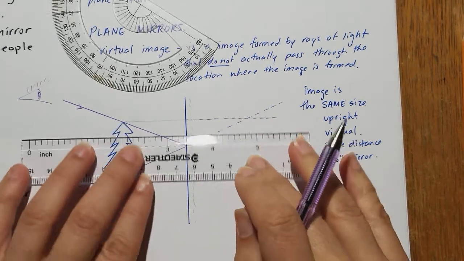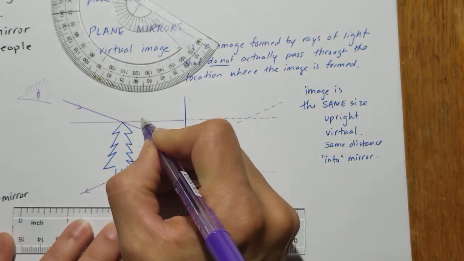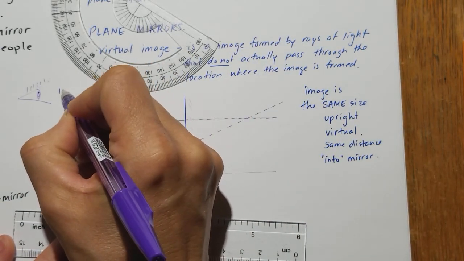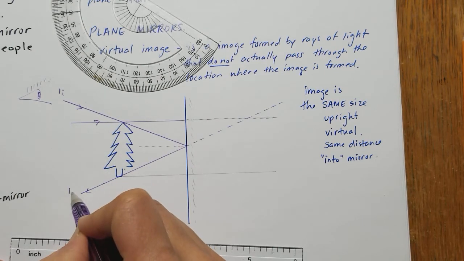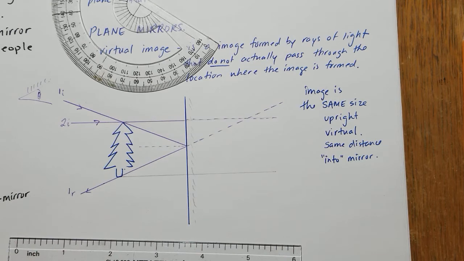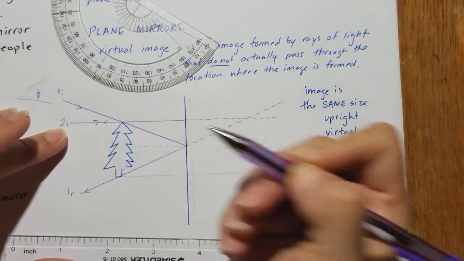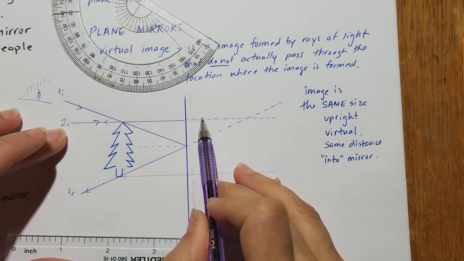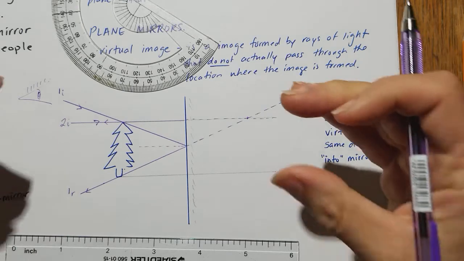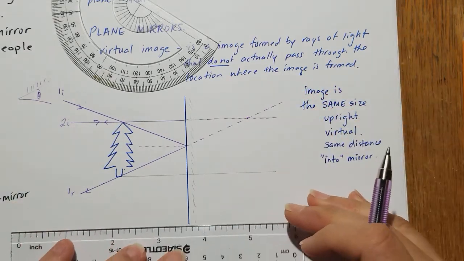So if I shot a ray of light right along the normal, we could call this 1 incident and this 1 reflected. This would be 2 incident. This second ray would go straight, but also come straight back, so our eye, if I extend it, believes it to be coming there. This would be the top of our tree, because those 2 rays of light converge at the same point.